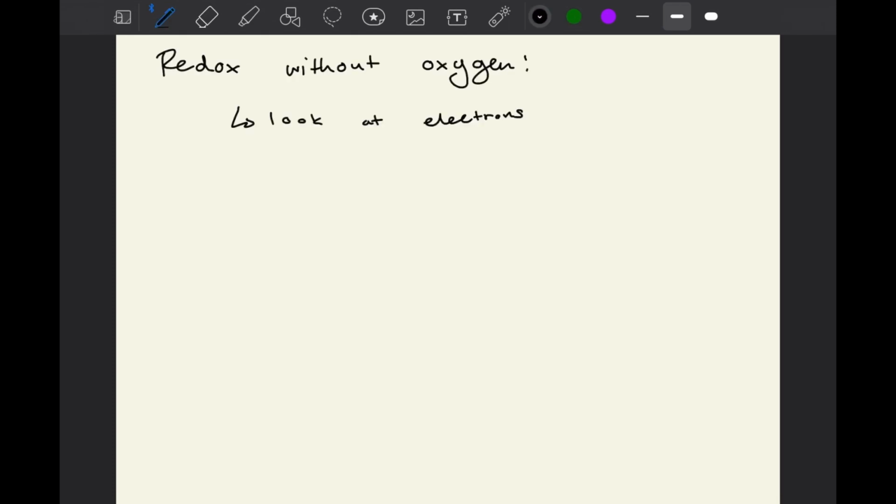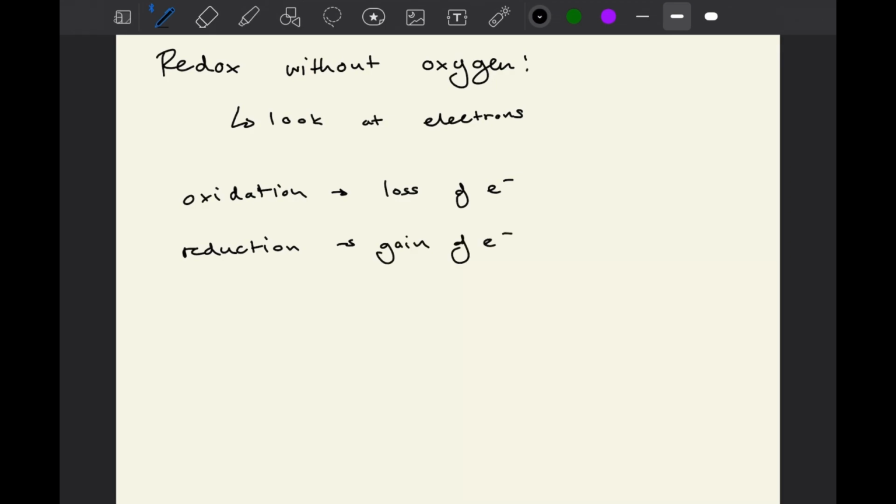When we don't have oxygen in our reaction that is clearly being lost or gained, we look at the electrons. Basically, oxidation is a loss of electrons, and then reduction is a gain of electrons.